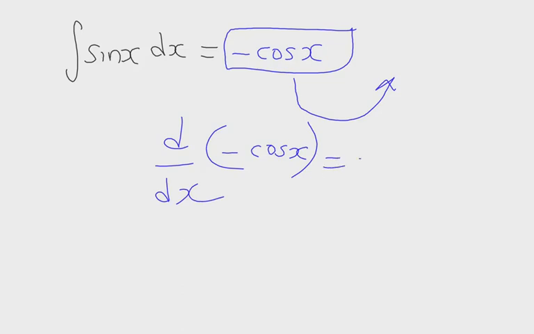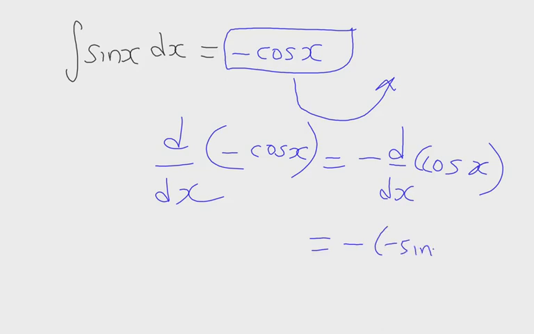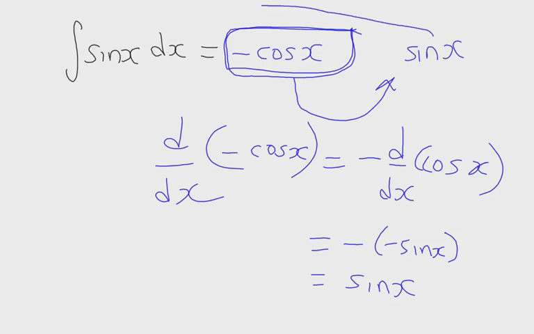Let's bring out the minus, you have minus d/dx of cos x, and d/dx of cos x is going to give us minus sin x, and that will not give us sin x. So that means if you differentiate this, you have to get sin x, and then if you integrate sin x, you have to get minus cos x. Okay, so that's what that is explaining.